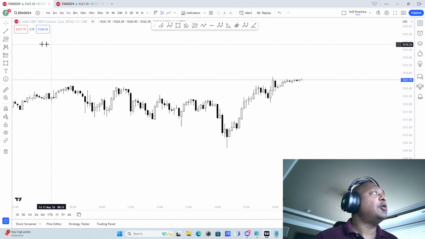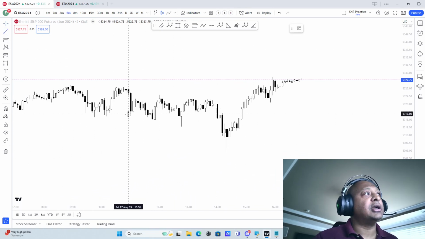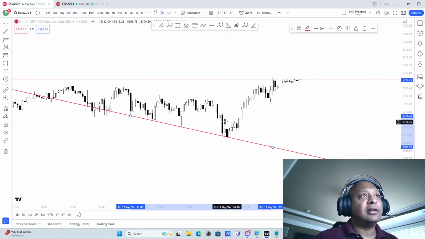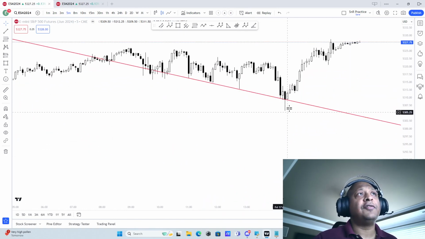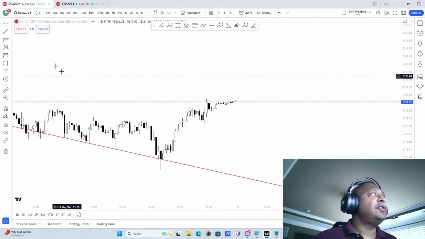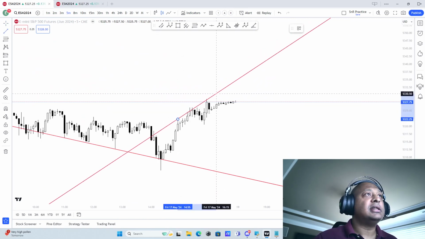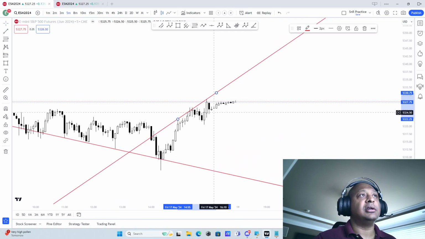Correct? So if I say that, okay, this started running from here, this is a wedge that worked and we went back up, right? The wedge did not fail here. However, if we have this wedge, this is another wedge that is working, okay?